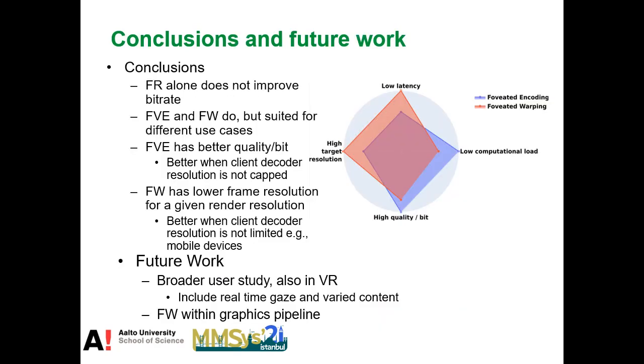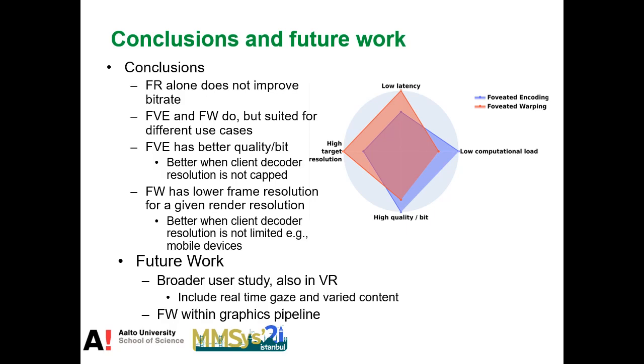Our work shows that foveated rendering alone for remote rendering does not reduce bitrate of the encoded stream. It may lower render resource usage at the server, but it does not reduce the bitrate and hence does not help the client necessarily. On the other hand, both foveated video encoding and foveated warping do significantly reduce bitrate of the encoded stream for a particular render resolution.